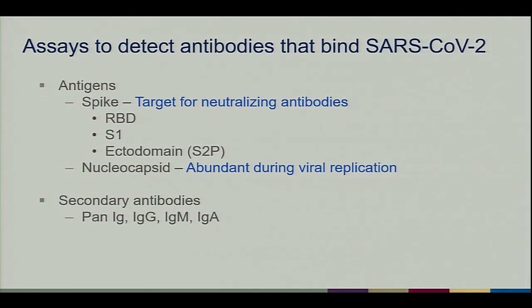There are three different versions of the spike protein used in assays, and the spike is the target for neutralizing antibodies. Nucleocapsid is abundant during viral replication. And then tests can either test for total Ig or pan-Ig, which detects any immunoglobulin, IgG, IgM, or IgA. Next slide, please.